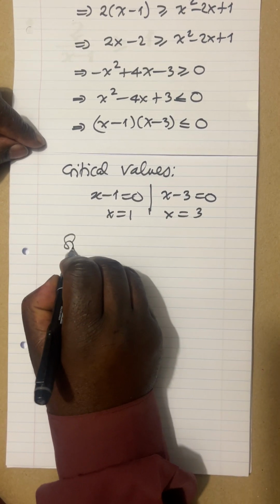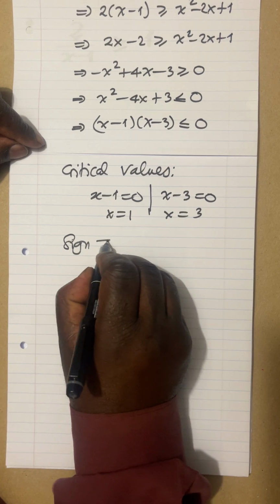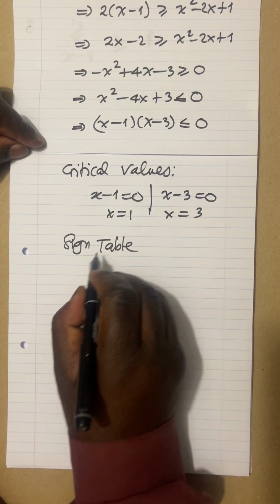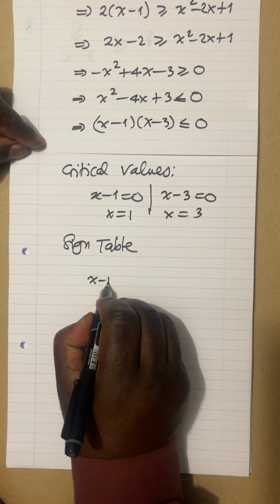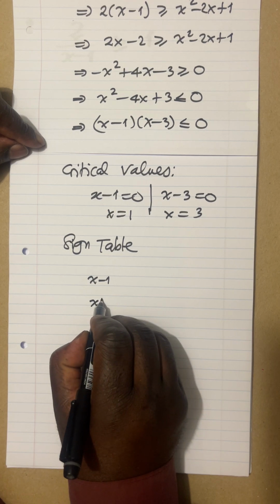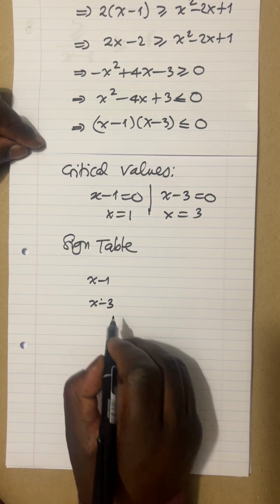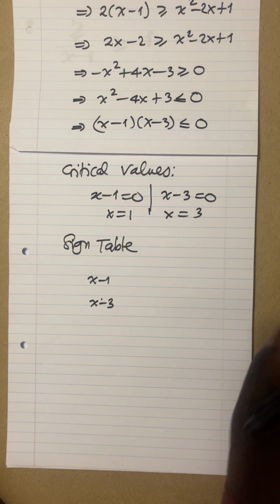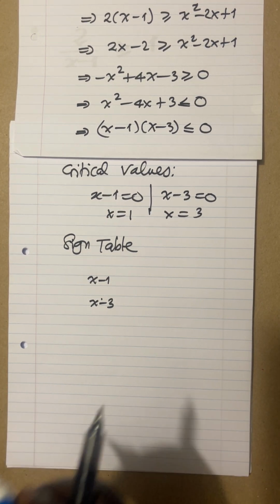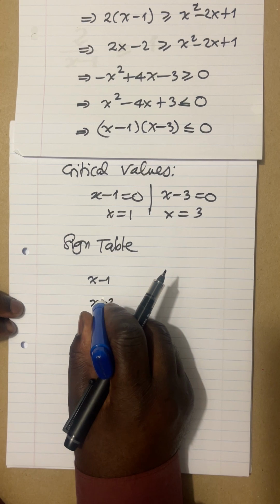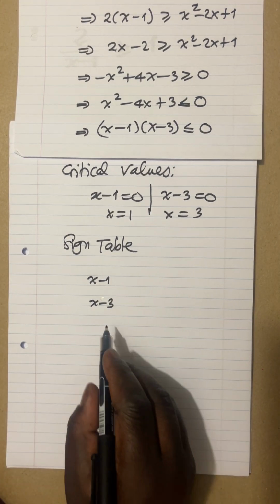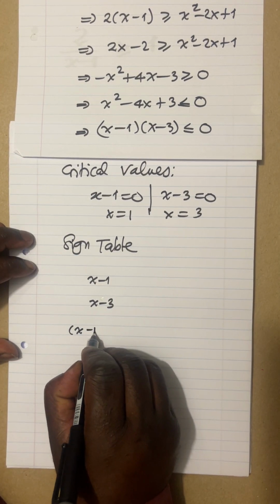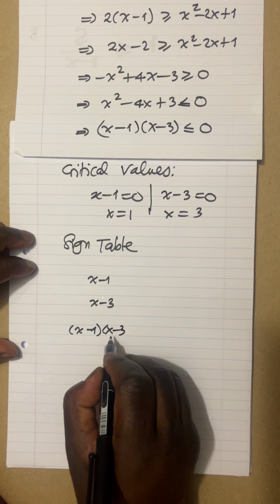Again, going to the sign table, what are we saying? We're saying x minus 1, and x minus 3. And we're moving on to the product of that. So our next step is going to be the product, which is x minus 1 and then x minus 3.